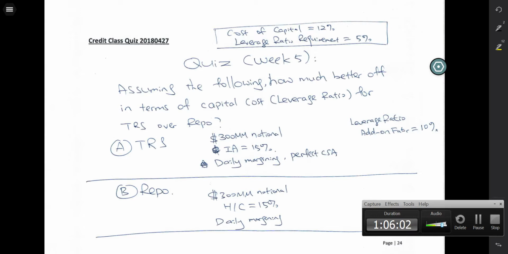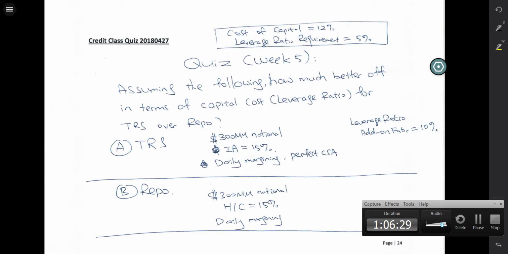Drinking orange juice is easier. The end results are similar. I don't say identical, they are similar. Here you have two products which may give you the same economic outcome, but are radically different in terms of capital treatment.